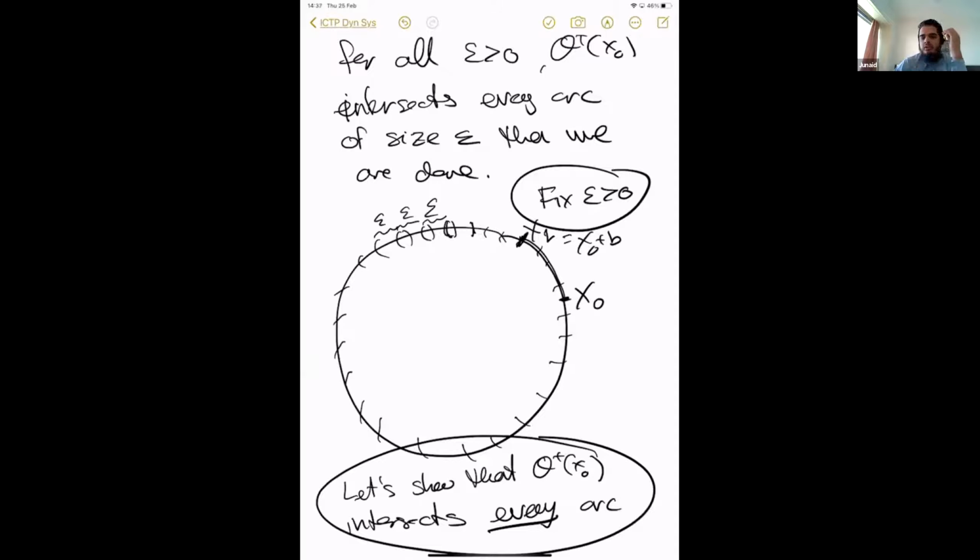If epsilon is small, what is the correct picture? Should I draw it like this, or should I write x1 here? Is it a small translation, small rotation, or big rotation?